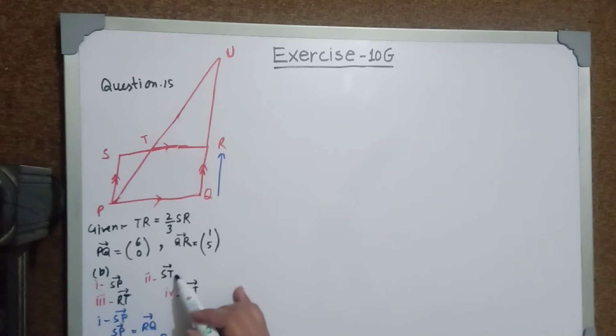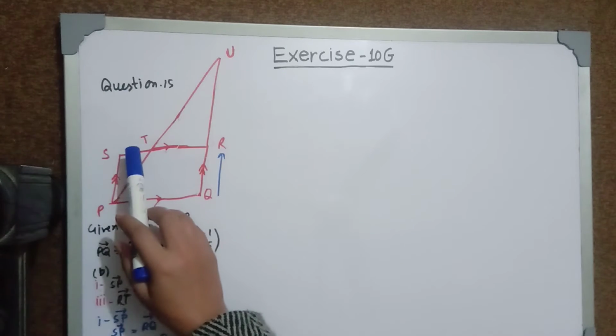Now moving to the second part, which is to find ST. To find ST, I'm going to take a ratio. ST is this line segment.